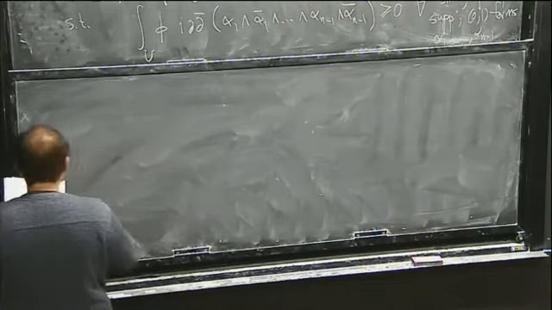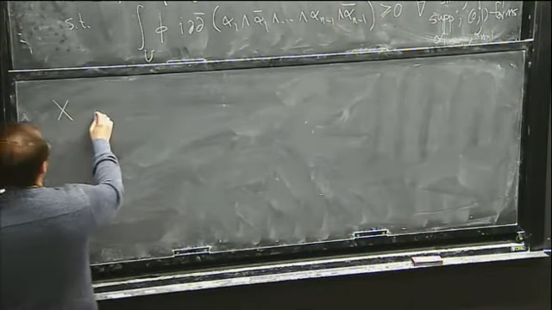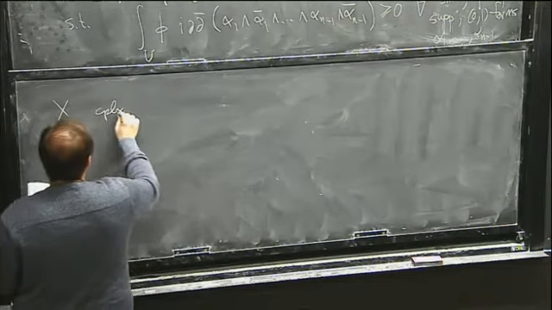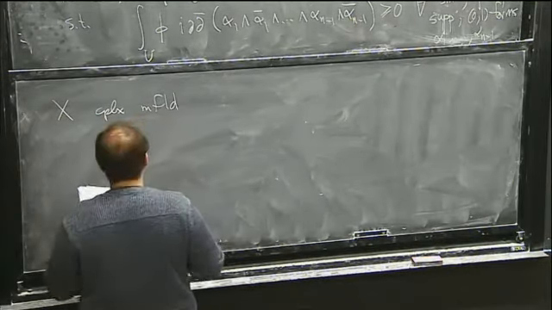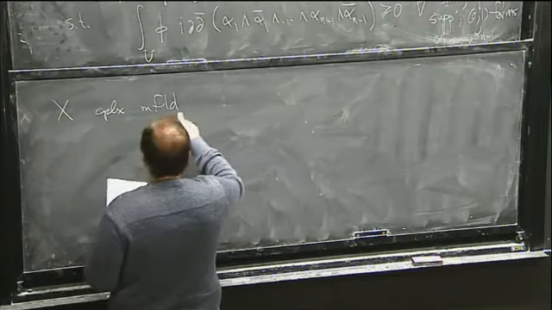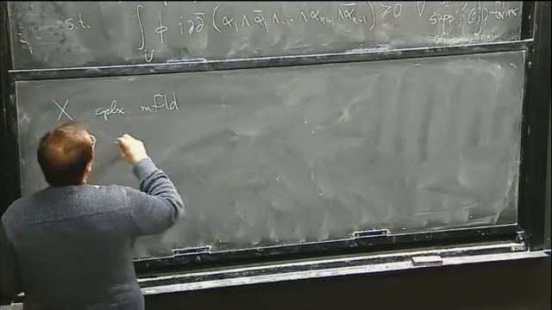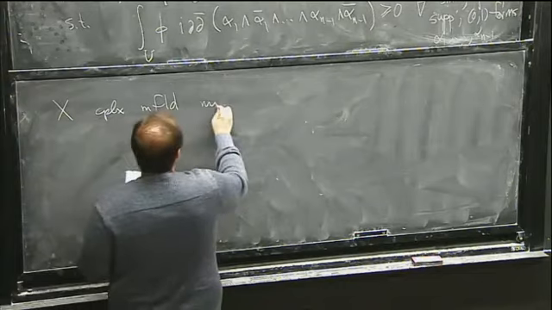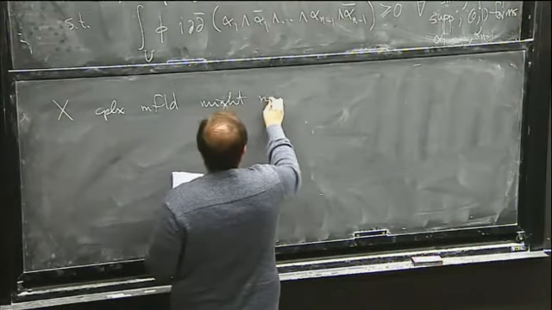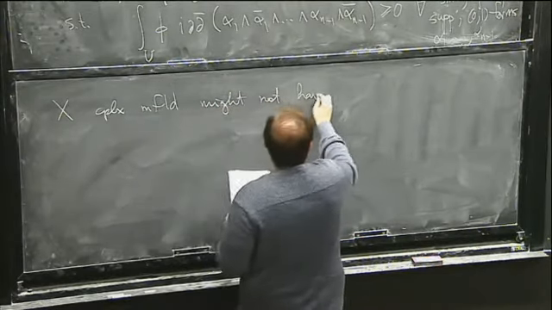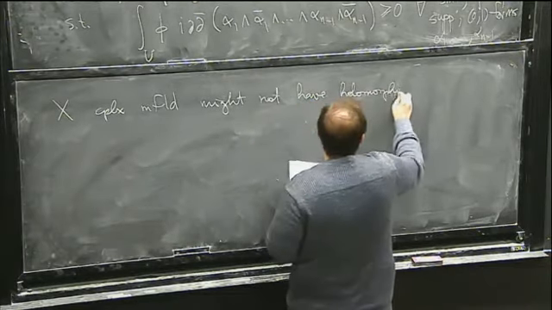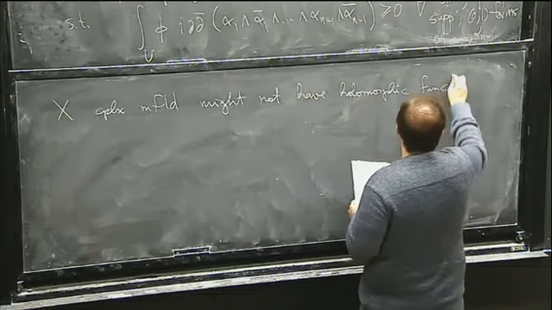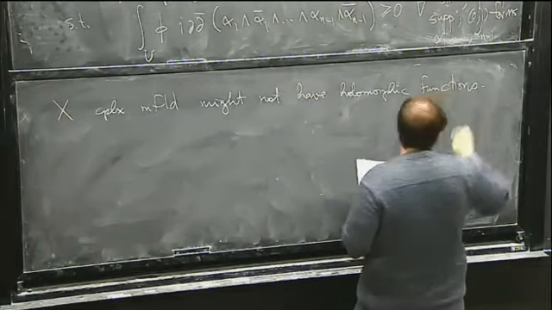So let's say, for example, X is going to be a complex manifold. If you have a complex manifold, it might not have very many holomorphic functions. For example, if it's compact, it doesn't have any holomorphic functions.